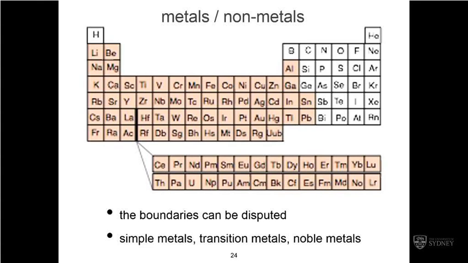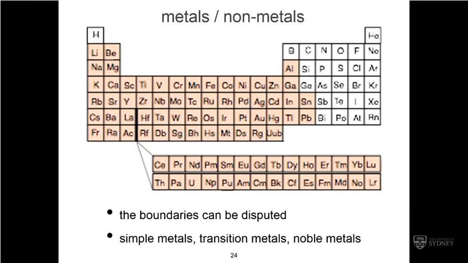Now, within the metals, there are three categories that are normally discussed. You have your simple metals, which might be, for example, sodium, aluminium, potassium, magnesium. Then you have the transition metals that have your d electrons, your f electrons.